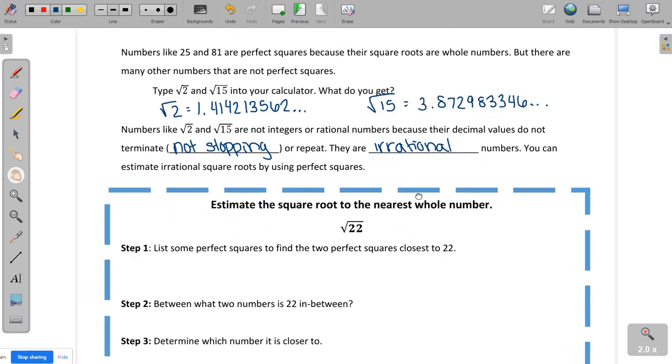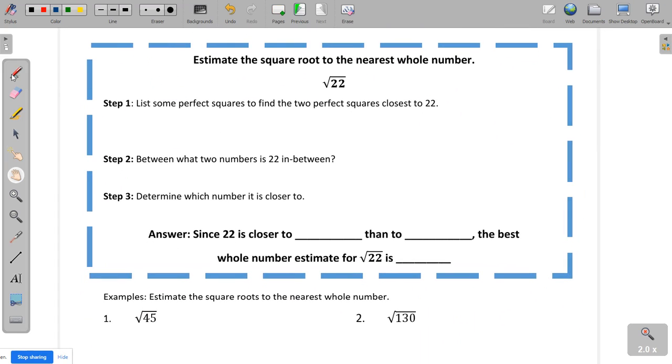So to do that, let's look at the steps. We're going to list out the perfect squares to find two perfect squares that are the closest that we can get to 22. So let's look at that. 1 squared is 1. 2 squared is 4. 3 squared is 9. 4 squared is 16. 5 squared is 25.